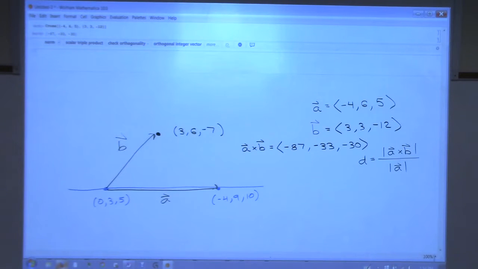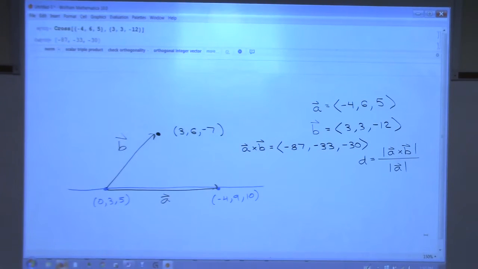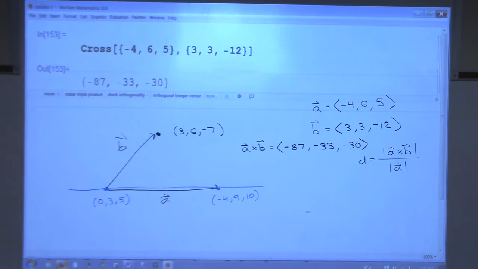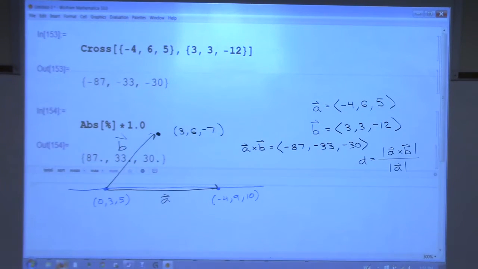There's the cross product. I take the absolute value of that answer and multiply it times 1.0.